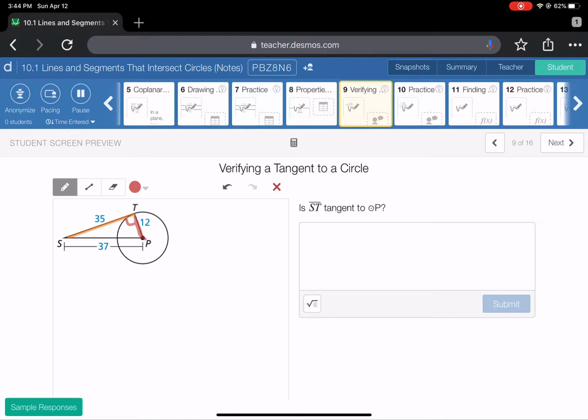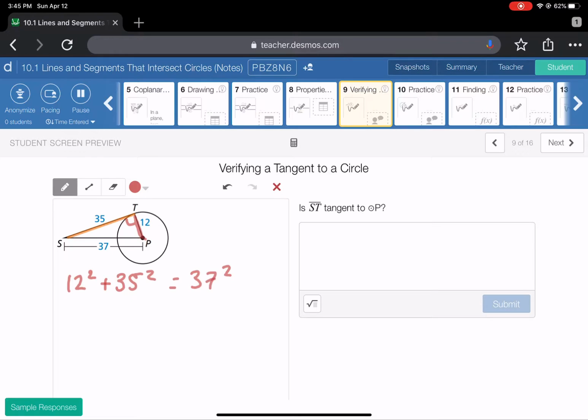Well, we just finished a chapter about right triangles. So one thing that we can do is we can figure out if this indeed is a right triangle. So we're going to use the Pythagorean theorem. We're going to do 12 squared plus 35 squared is equal to 37 squared.